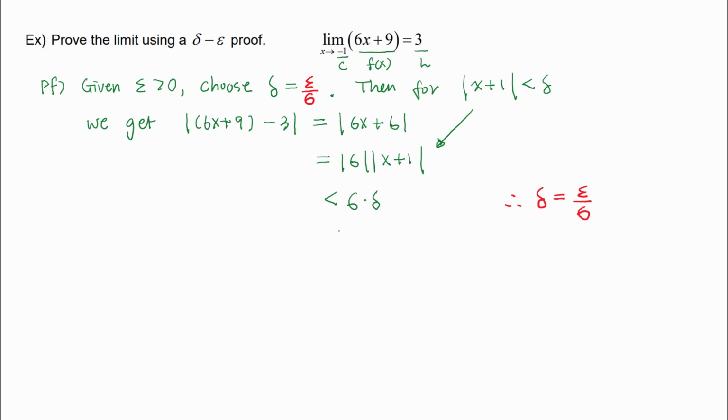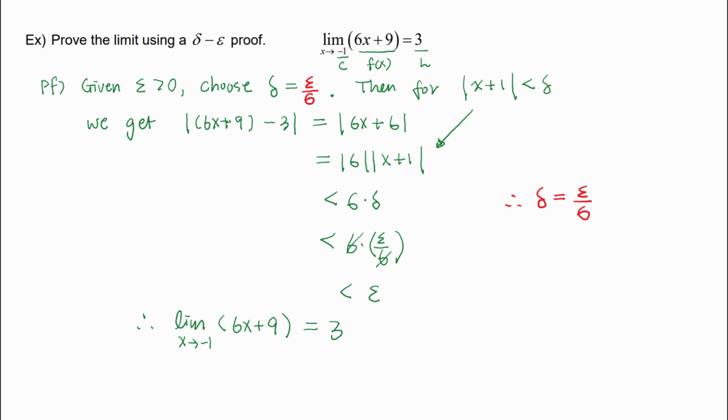And now this would be less than 6 times delta, which is equal to 6 times epsilon over 6, and the 6s cancel, so this will give me less than epsilon. Woohoo! Therefore, the limit as x approaches -1 of my function 6x plus 9 must be equal to 3. Done.